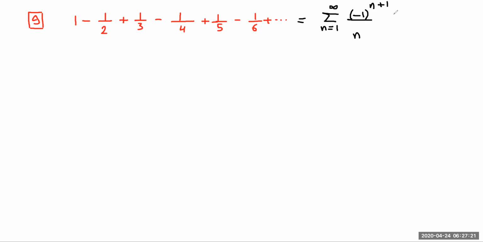Now, this series converges by the alternating series test. What was the alternating series test?